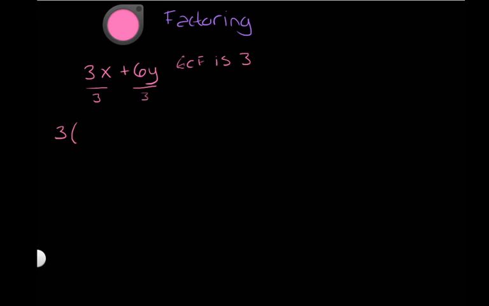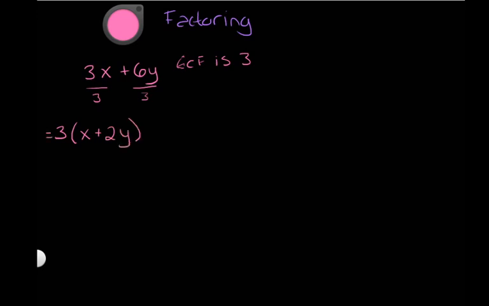All right, so now I can do my division. So 3x divided by 3, I'm just left with x. And 6y divided by 3, I'm left with a 2y, because 6 divided by 3 is 2. So plus 2y. That's it. That's our answer.